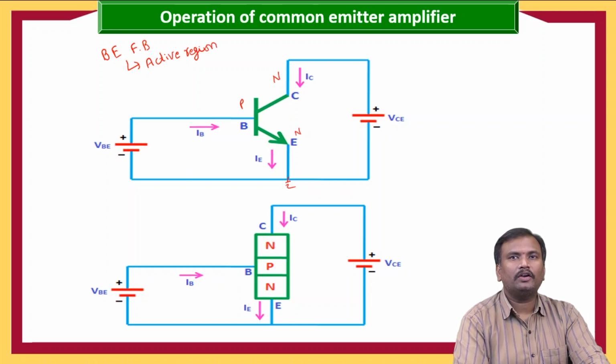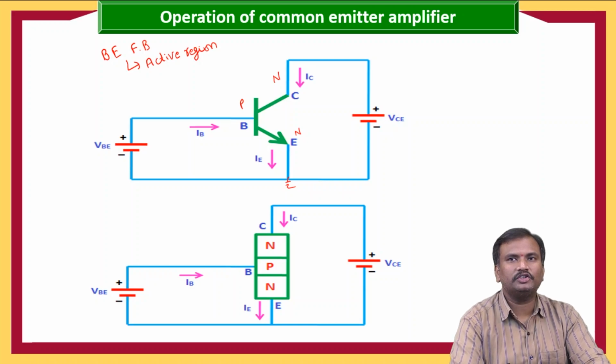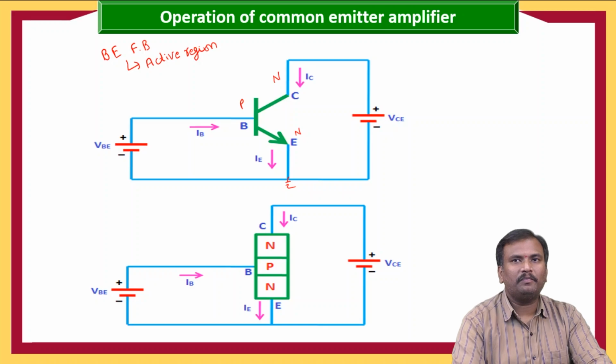To make the base to emitter junction forward biased, the P layer is connected to the positive of VBE and the N layer is connected to the negative of VBE.